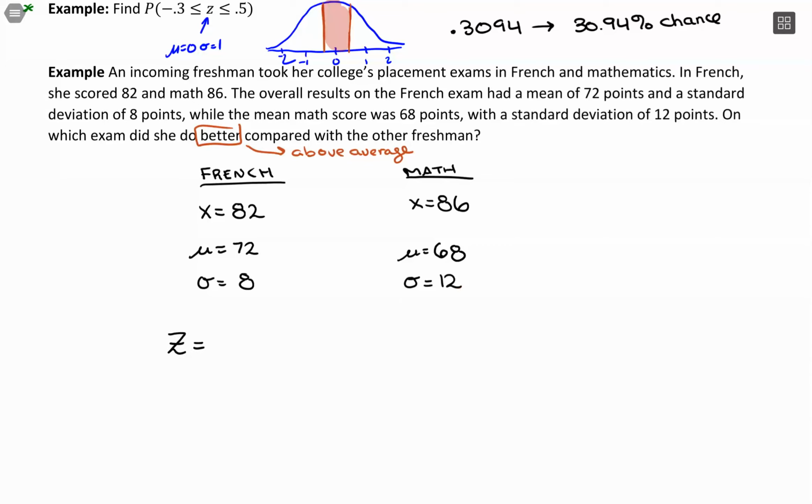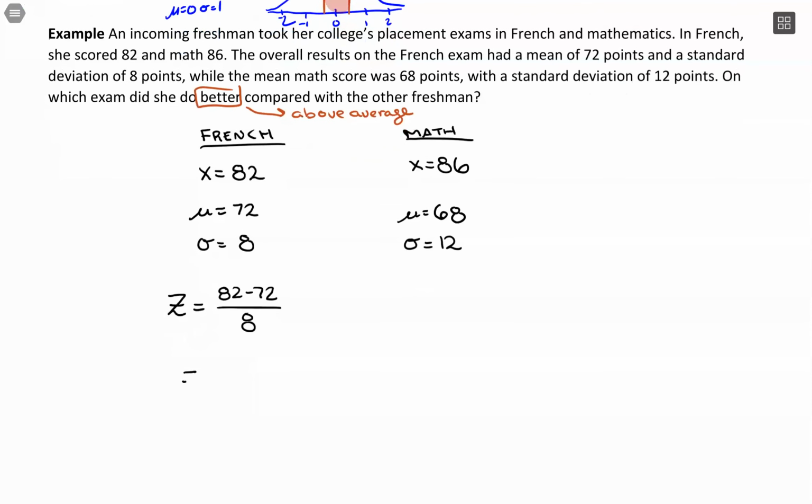So z-scores for the French exam are x value minus the mean, divided by 8, and that's going to be a 1.25. For the math exam, z-score of 86 minus 68 over 12, which will be a 1.5.